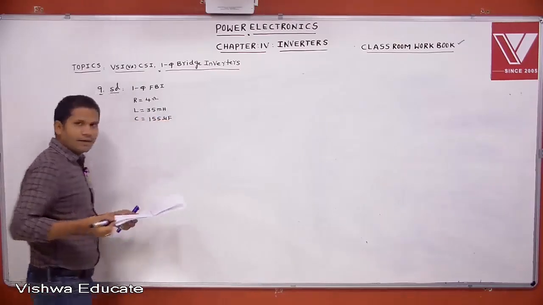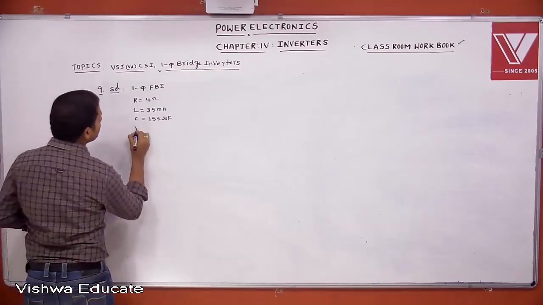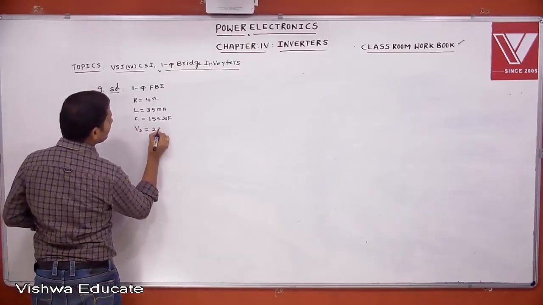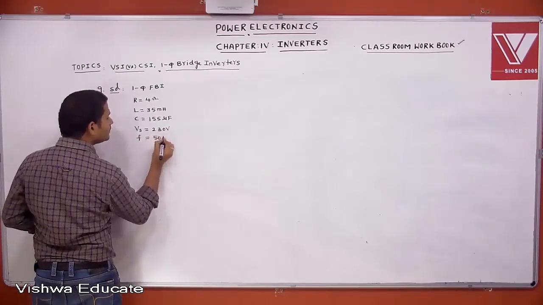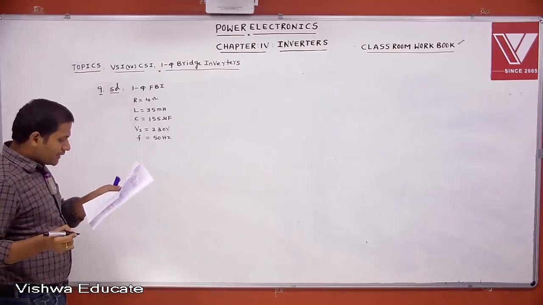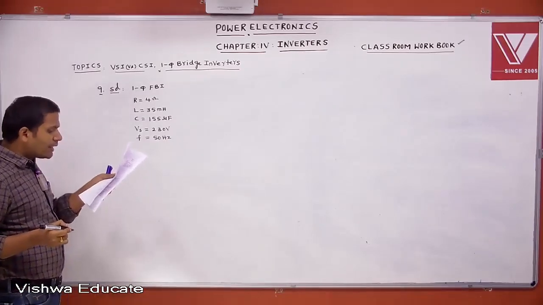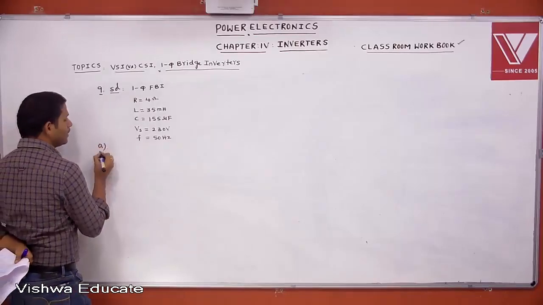This is the given data. Supply voltage is 230 volts. Frequency is 50 Hz. Okay, the first one is to find the expression for load current up to fifth harmonic.